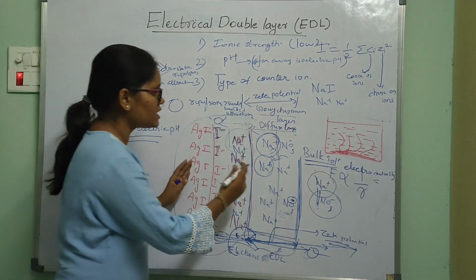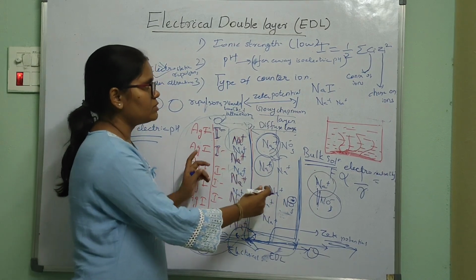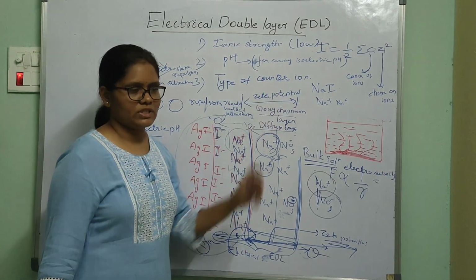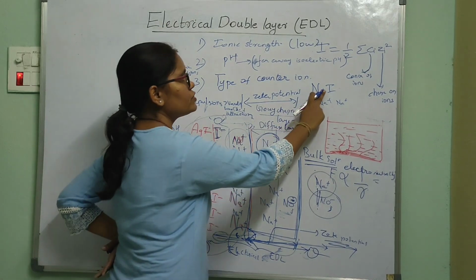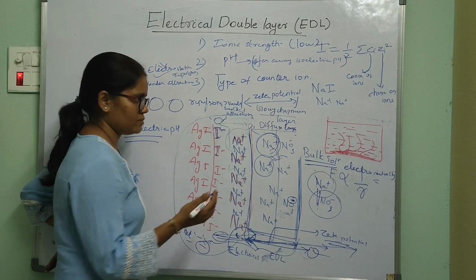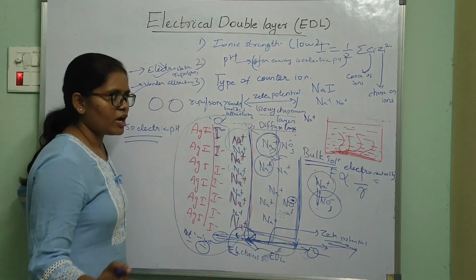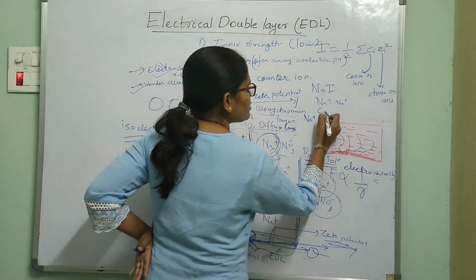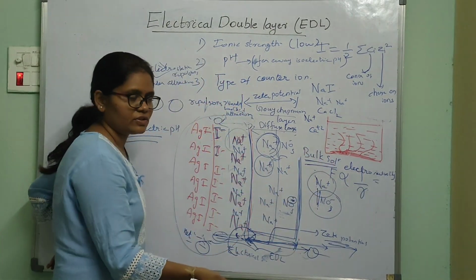How does the potential of the electrical double layer depend on the type of counter ions? Now see here, the electrolyte we had was sodium iodide, and the sodium ion is a monovalent ion. It has only one positive charge on it. But instead of sodium iodide, if you took some calcium chloride, calcium is a divalent cation.